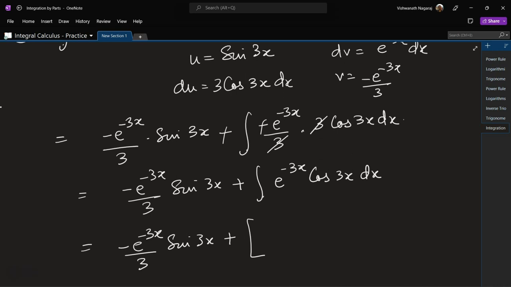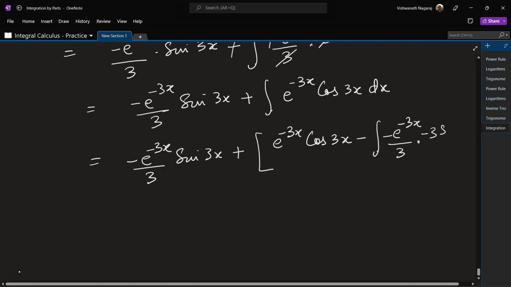So first will be uv, so e to the power of minus 3x cos 3x by 3 minus integral of minus e to the power of minus 3x by 3 times minus 3 sine 3x dx.